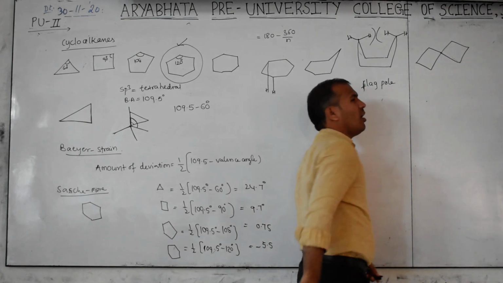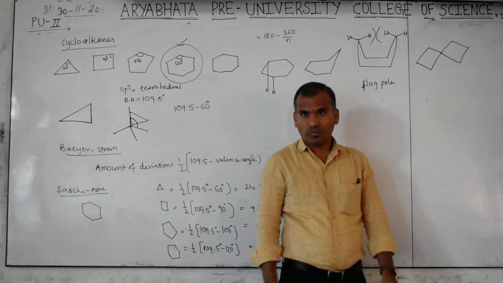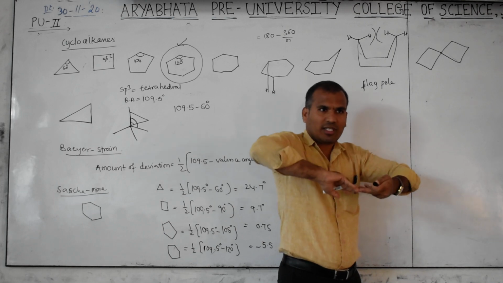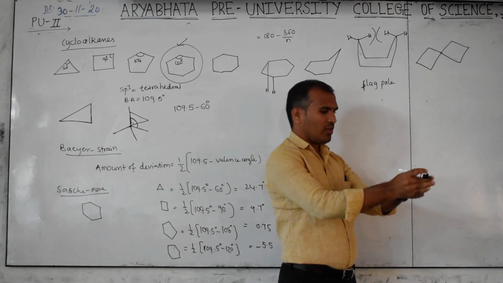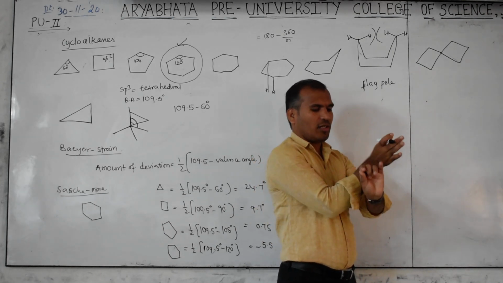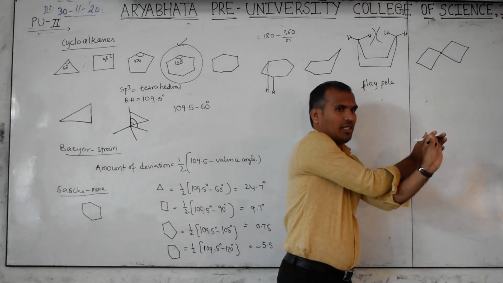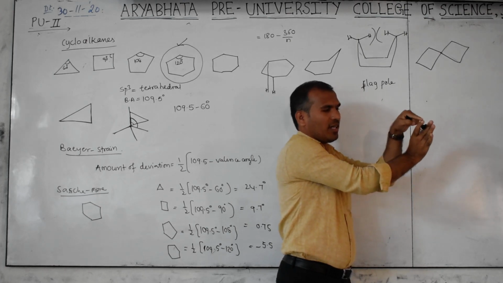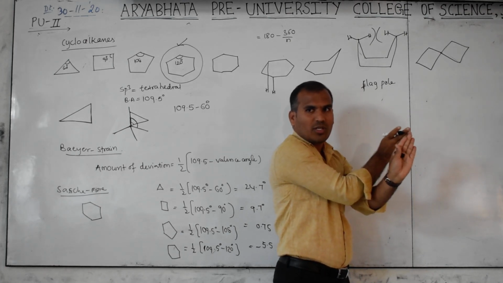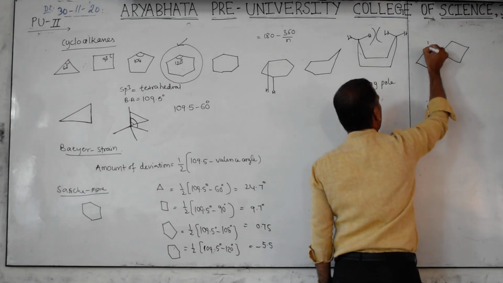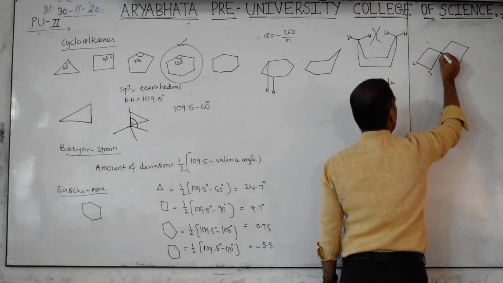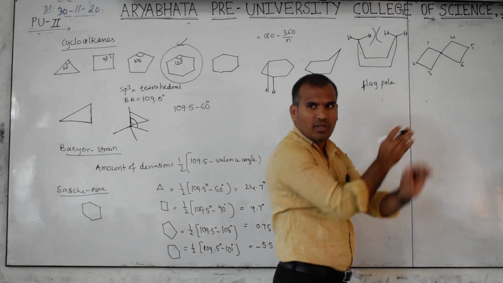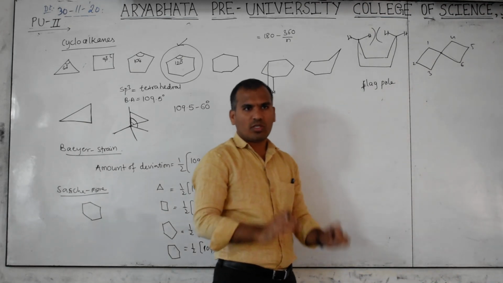Like this. Don't consider this a spiral compound. Now it is there. Just twisted. Now I have it like this, twisted. Another one here: one carbon, second carbon, third, fourth, like this. Total six carbons: 1, 2, 3, here not carbon, 4, 5, 6. The twisted form is called twist boat.